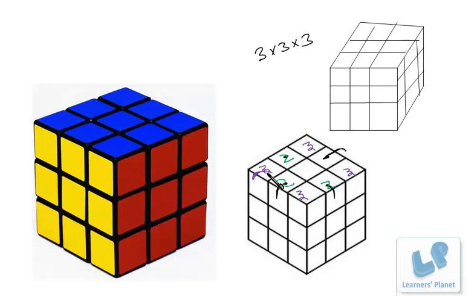This is 3, 3, 3, 3, and the remaining, this will be single side colored, right? Now the same thing will happen with all the faces. We'll learn to calculate, but as of now it should be clear in your mind, right? The corner pieces will be having three sides colored, maybe same, maybe different colors, depending upon the individual question. The middle pieces will be having two sides colored, and the center piece will be having single side colored.